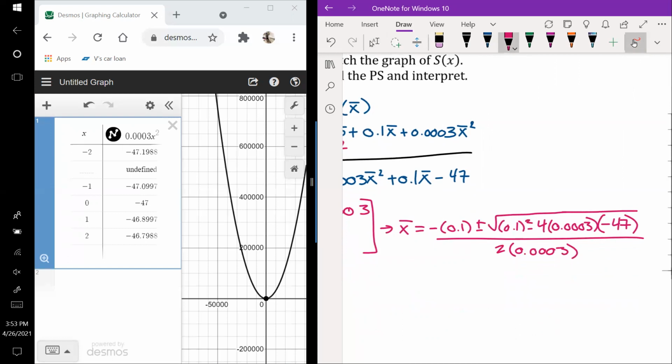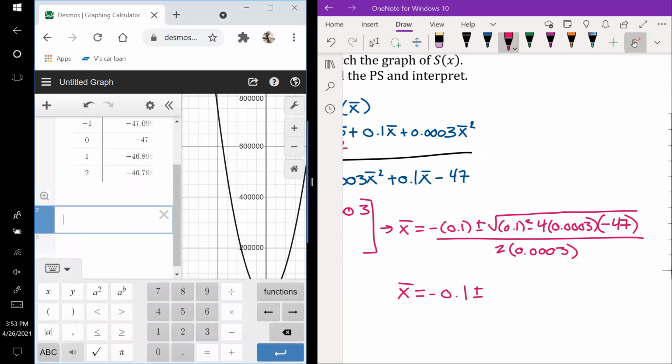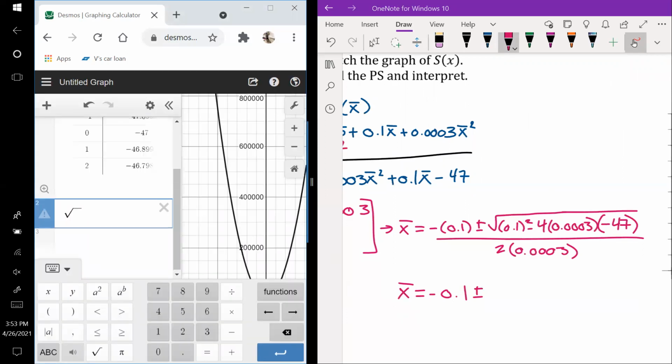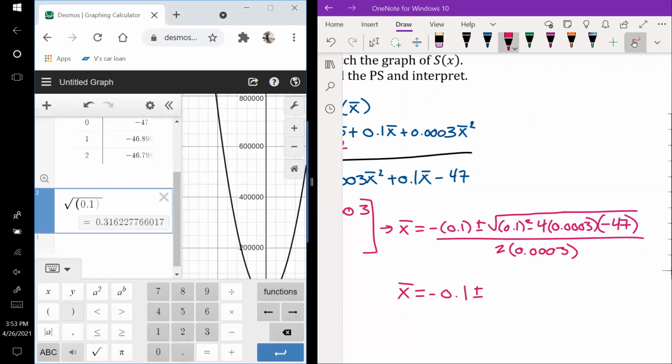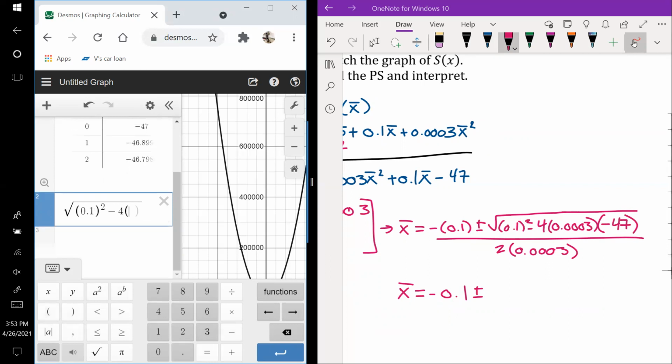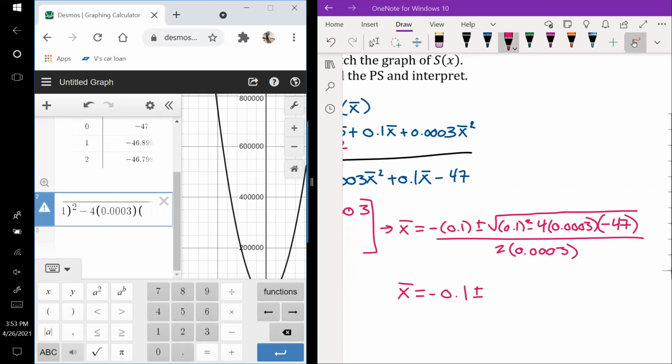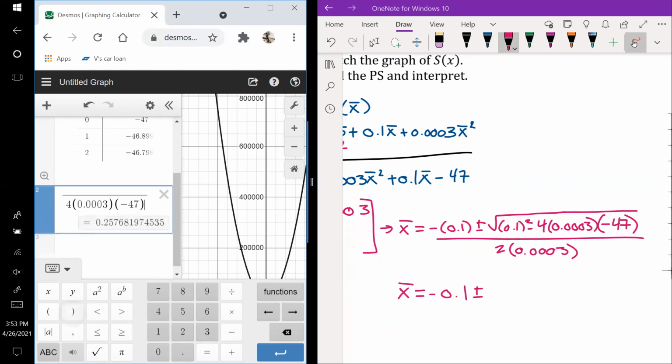Okay, here we go. X bar equals -0.1 plus or minus. Okay, and now I'm going to take care of the square root in Desmos. That's where it can help us out here. So we're going to say square root of 0.1 squared minus 4 times 0.0003 times -47.